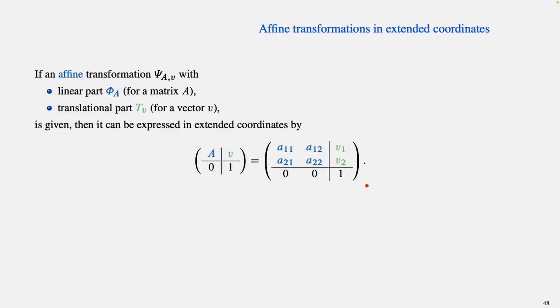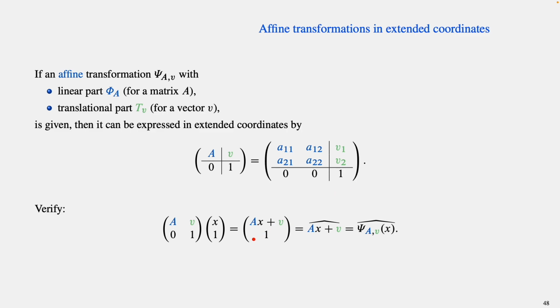And again, we can verify that this is compatible with the extended coordinate representation for vectors. So here we have the vector x in extended coordinates, and we apply this affine map in this notation to it by using matrix multiplication. Then what we get is we multiply matrix A up here with the 2D coordinates for x, and we multiply v by this 1 here, so we get Ax plus v. And this is just the vector x plugged into our affine transformation.